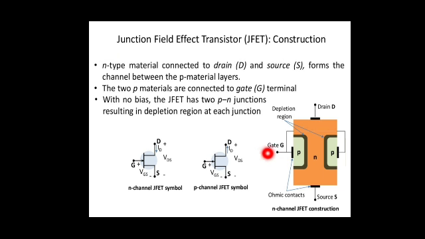Here the arrow is important, so you have to distinguish based on the arrow. For n channel JFET you have this symbol, and for p channel you have this symbol. Please go through the slide once again, please look through the slide properly.